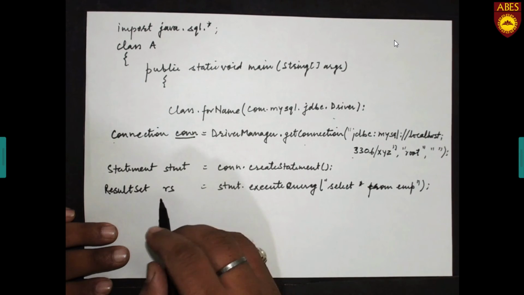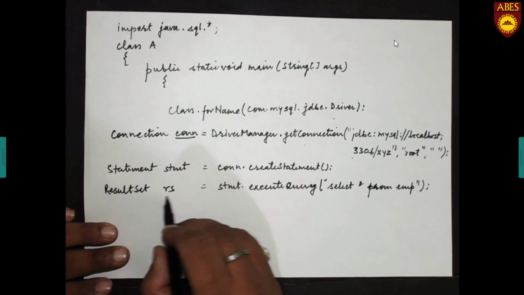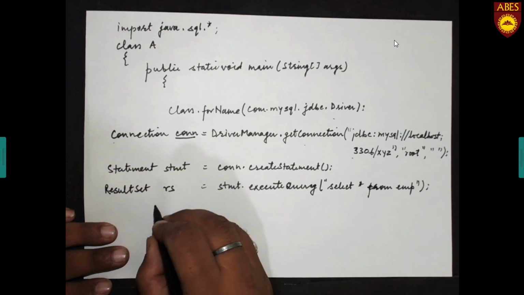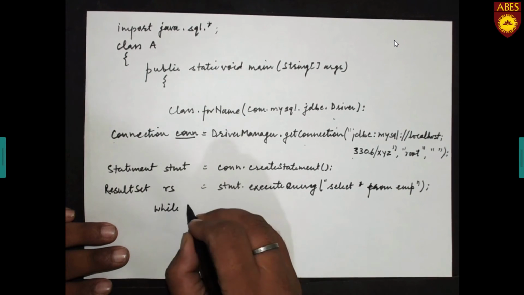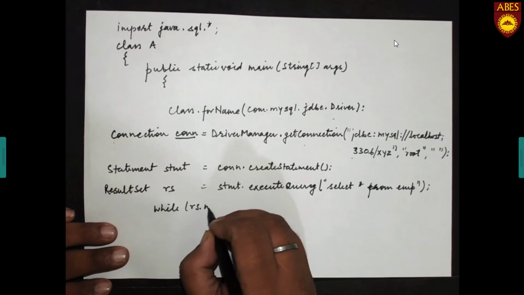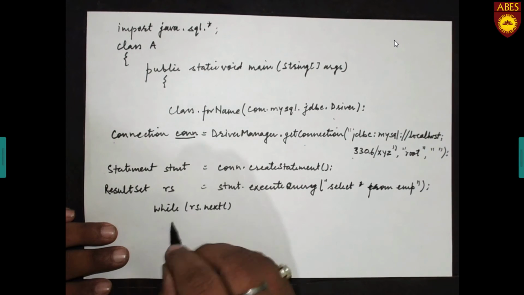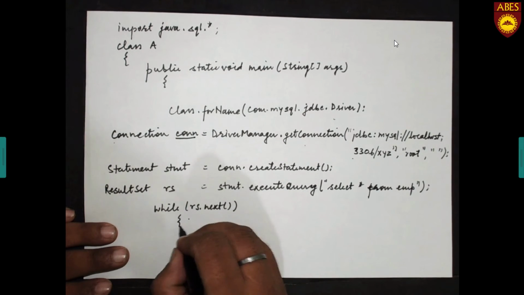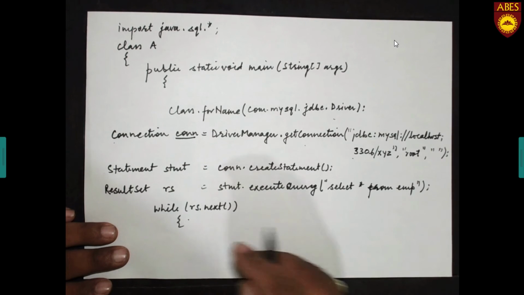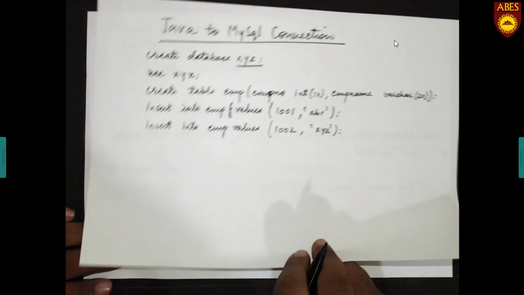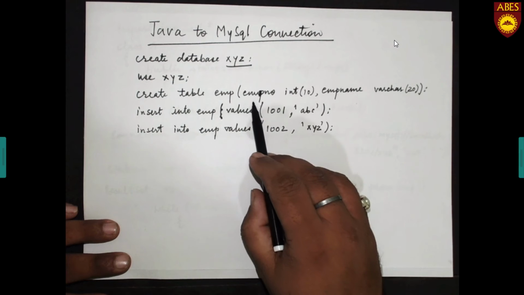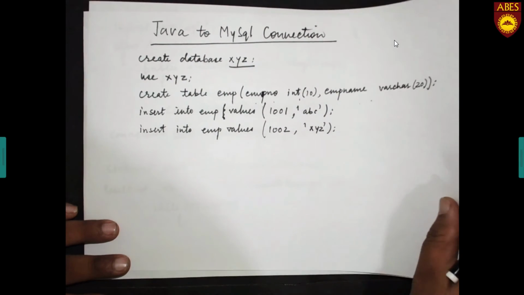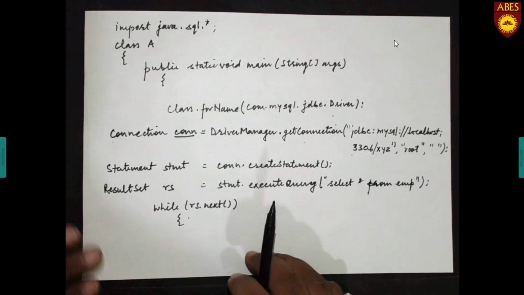So now in rs we have stored the result. Now we have to iterate the result. For iteration we use a loop, and a method of the ResultSet class is next, while rs.next is used to iterate. We have seen in this table structure that the first attribute is integer type and the second attribute is character type. A collection of characters is a string.